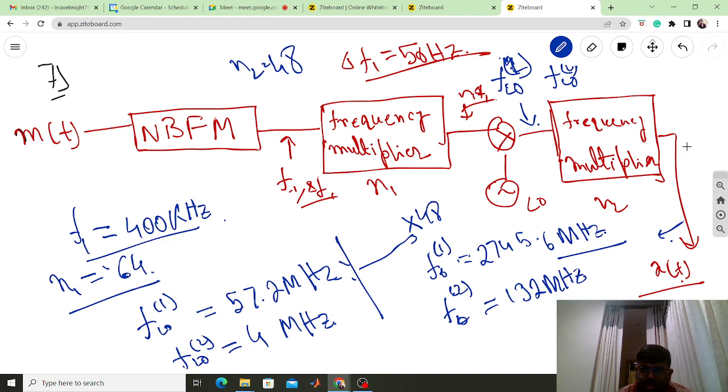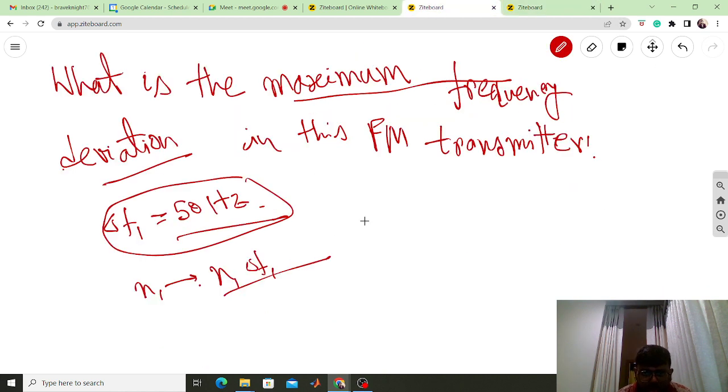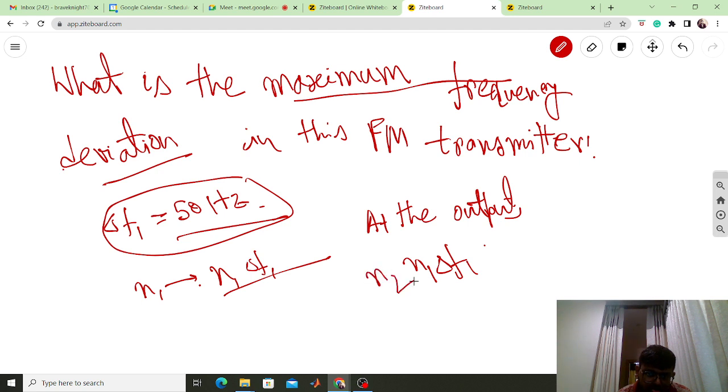Similarly, at the output this will be n1 del f1 and n2. It is for the first multiplier, this is for the second multiplier.